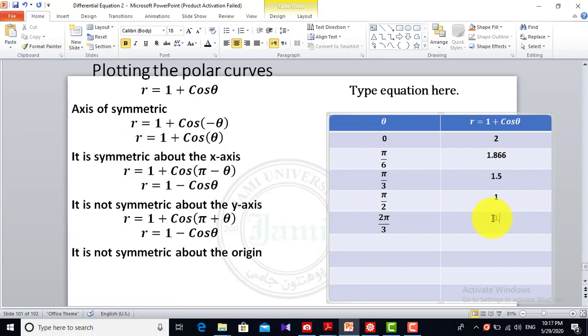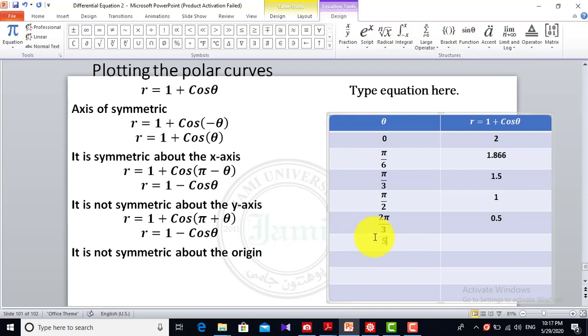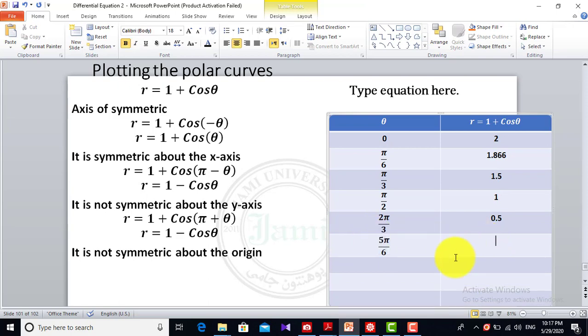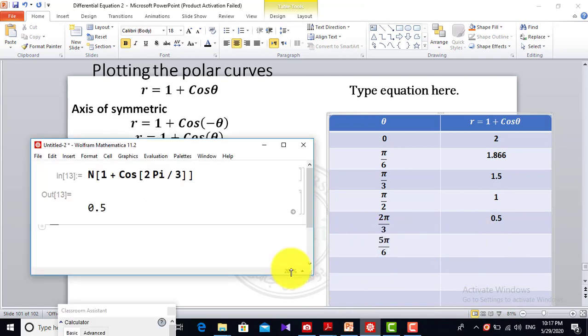I've got 0.5. The next one I will be giving, for example, 5 pi by 6, or 150 degrees. So how much is the result?